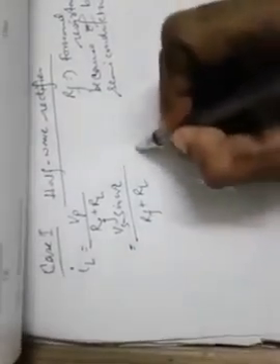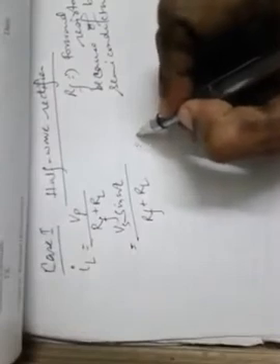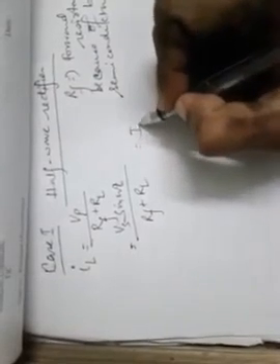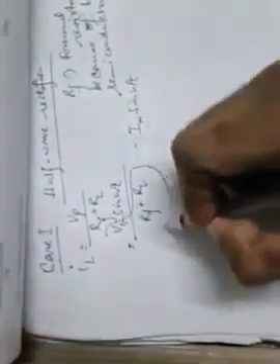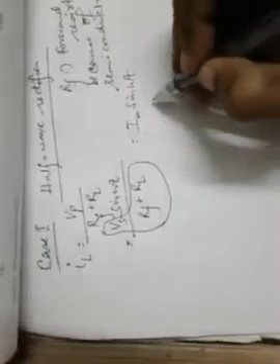Alternatively, we can write it as Im sine omega t, because this term Vs by Rf plus RL, V by R, you know it is current I, and Im means it is the maximum value, or the peak value, of current.